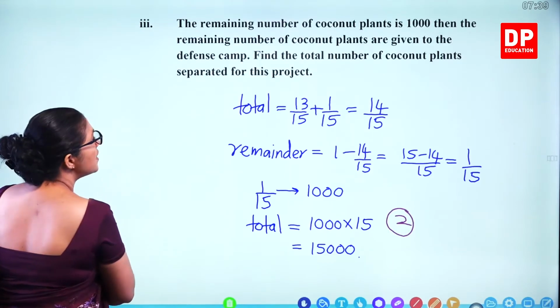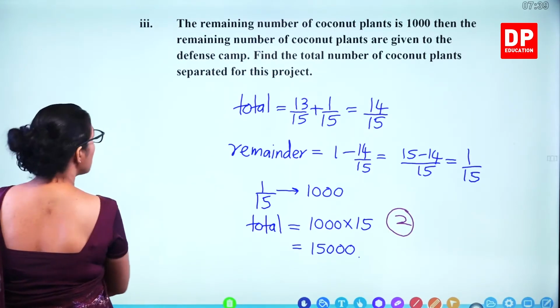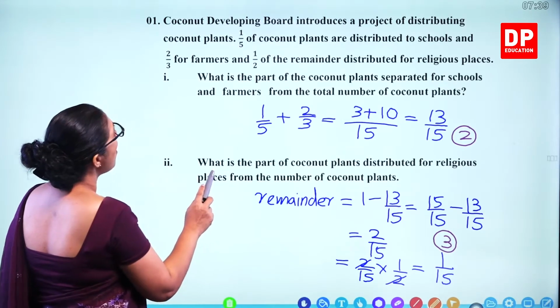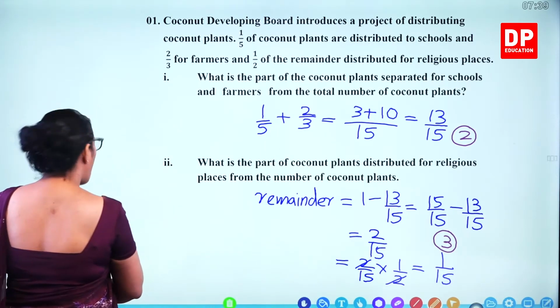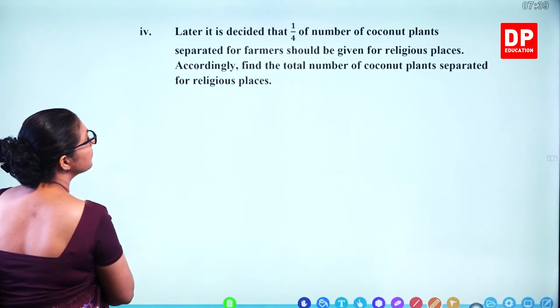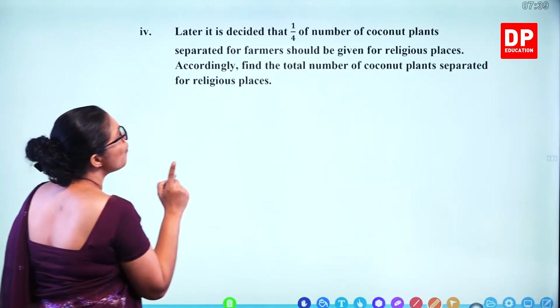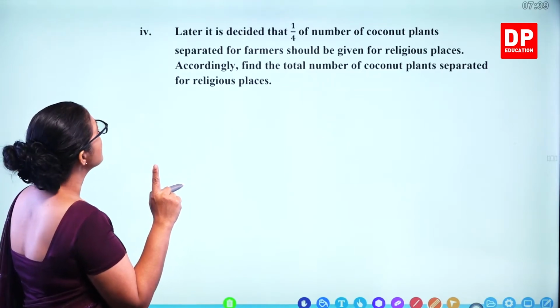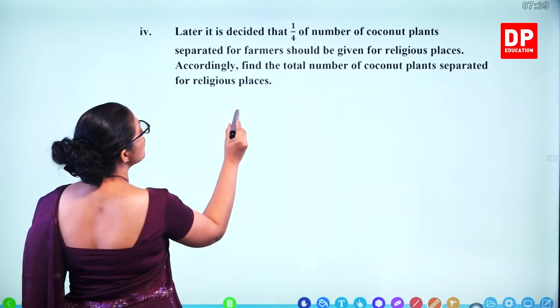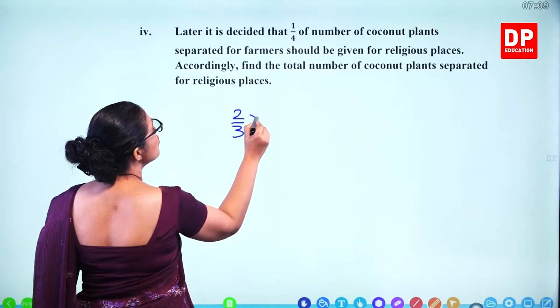So farmers, how much? For farmers it's 2/3. So out of 2/3, 1/4 of number of coconut plants separated. So 2/3 into 1/4.